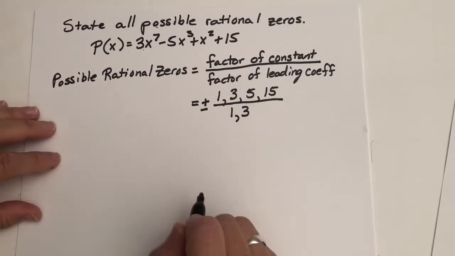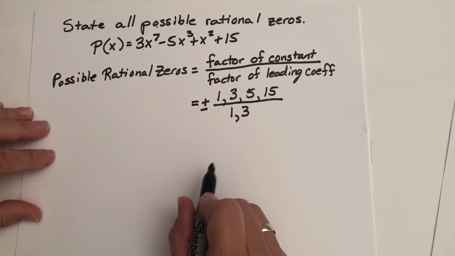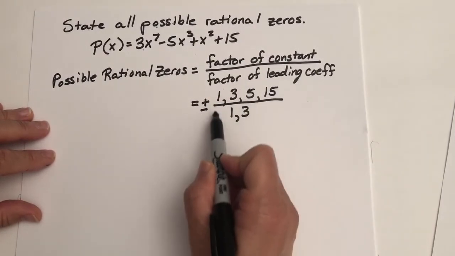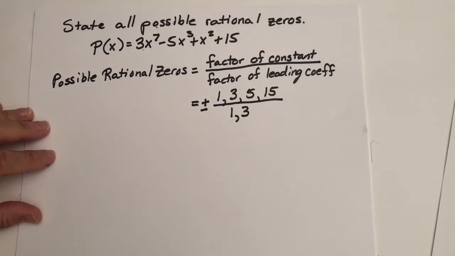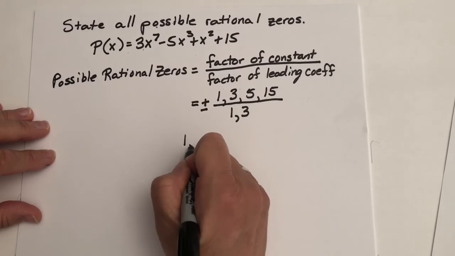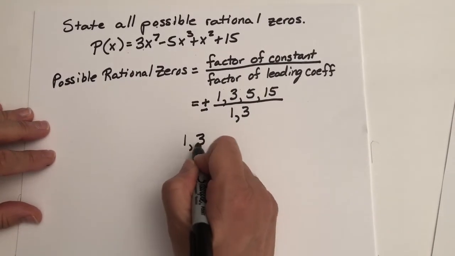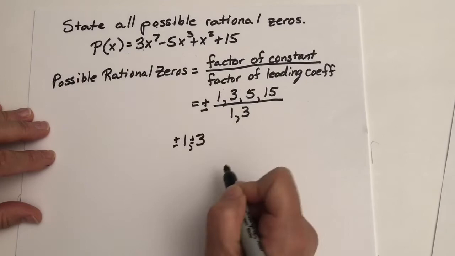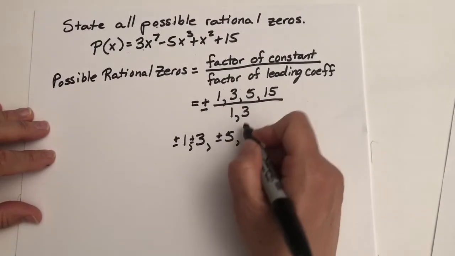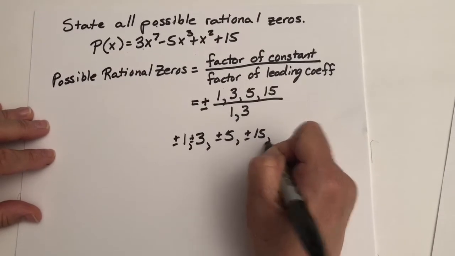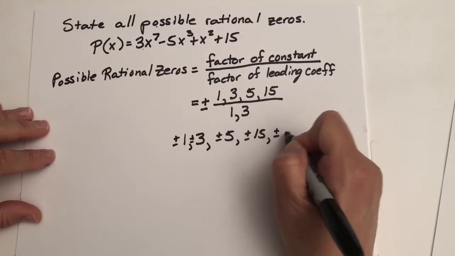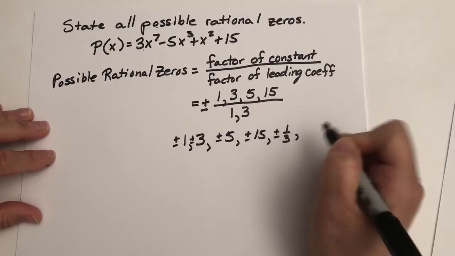So let's just list the possible rational zeros, any combination of a number in the numerator divided by a number in the denominator. That list would be 1 over 1, 3 over 1, and let's put a plus or minus in front of each of these, 5 over 1, 15 over 1, and all of those numbers over 3. 1 over 3, 3 over 3.